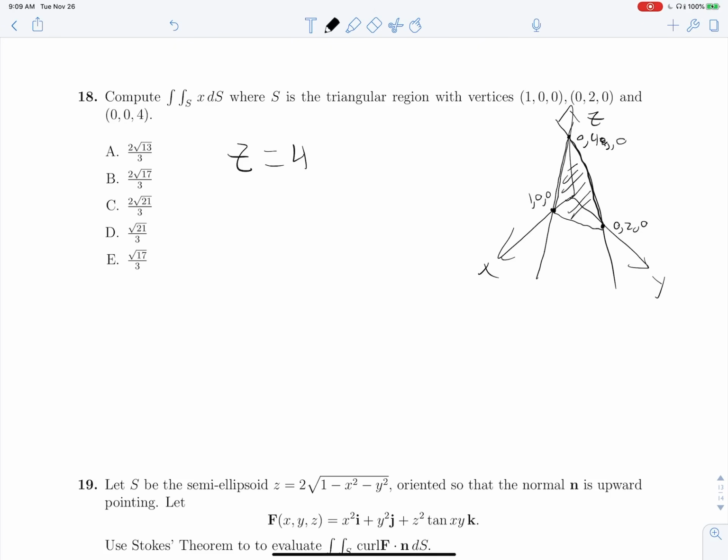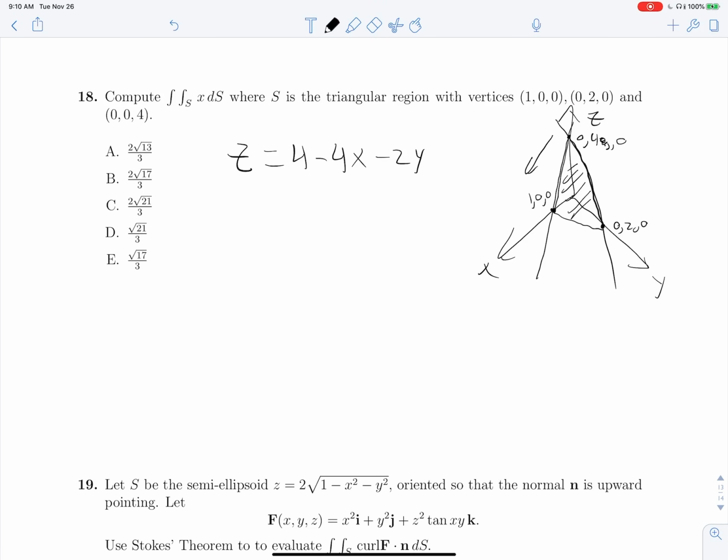The slope of z with respect to x, if you look at it going this way, is -4, right? Because we go over 1 unit and down 4. So minus 4x, and then the same argument applies for y. We go over 2 units and down 4 units, so minus 2y. And there's our equation.